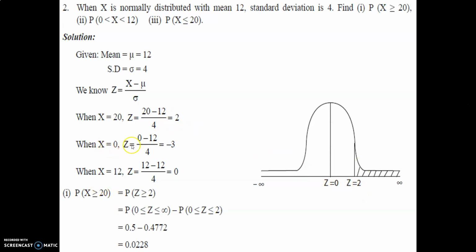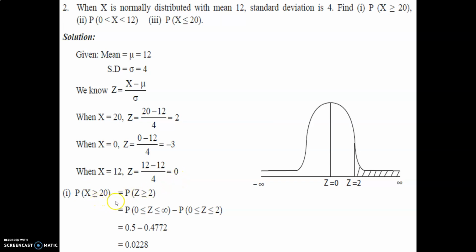For x equal to 0, z is equal to x minus mu upon sigma, where x is 0, mu is 12 and sigma is 4, so minus 3. So the negative lies in this quadrant. When x is equal to 12, it is 12 minus 12 upon 4, and 0 upon anything is 0.